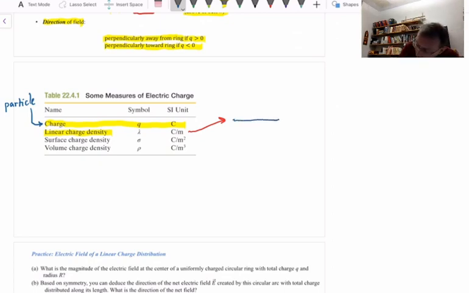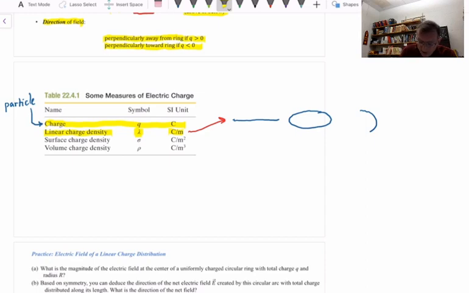Or, I'll give you a perspective view, a circular ring, or a part of a circular ring. There's also that, which we need to be able to deal with. Those are all linear charge distributions with the charge spread out along a length. And then we talk about the linear charge density, symbol lambda, and SI unit, Coulomb per meter. And that's what we dealt with when we studied the ring just a moment ago.